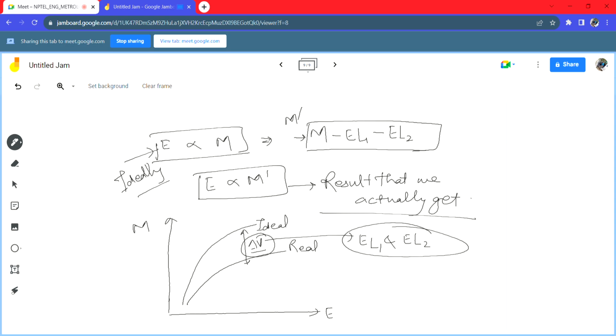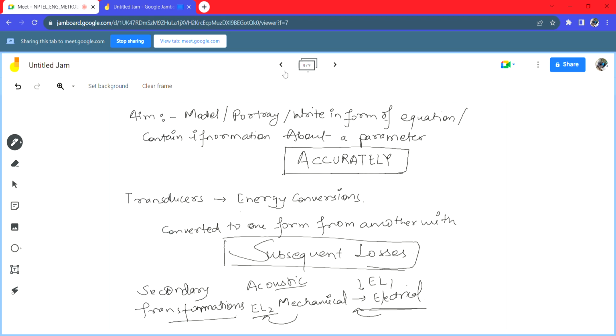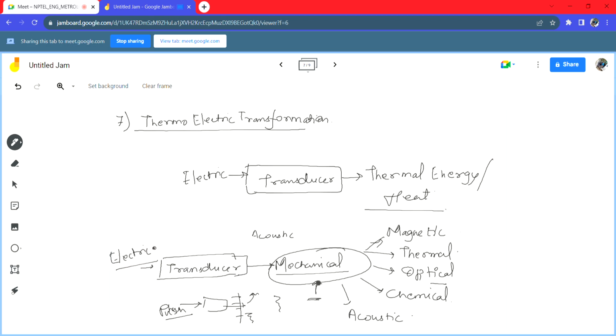So every time we do energy conversion, we suffer a loss. It is not advisable at all to use this mechanical subset as a part of our transducer system, wherein we are creating secondary effects with the help of the primary mechanical shift that we have got.